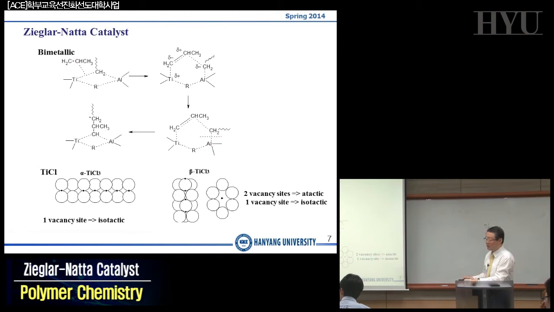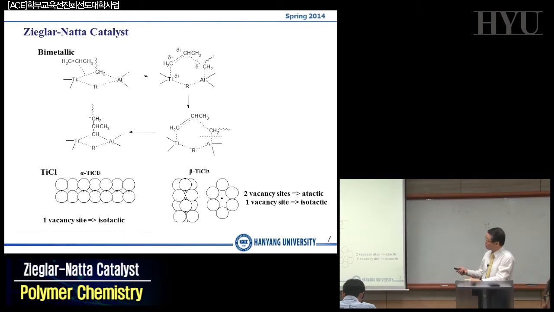If you have one vacancy site, then they said that they can introduce isotactic, whereas if you have two vacant sites, you may have atactic polypropylenes. So depending upon the crystalline structure of your titanium chloride, you can induce the tacticity of your final polypropylene polymer.